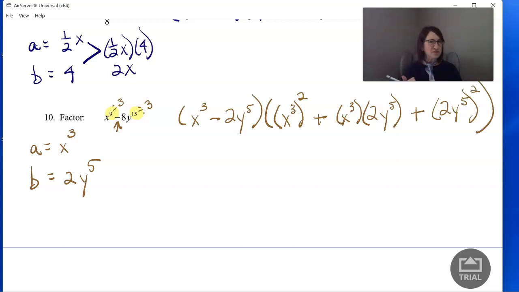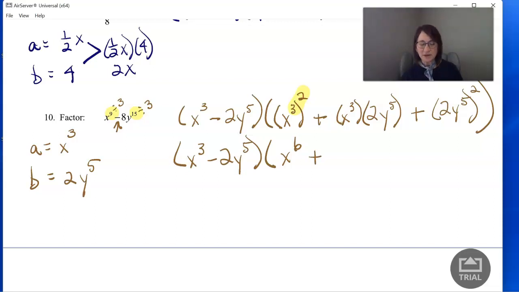Okay, let's just simplify this line. So, x cubed minus 2y to the 5th. Now I use the power rule to multiply. 3 times 2. So that gives me x to the 6. Plus, well, with this middle term here, I really can't do a whole lot.